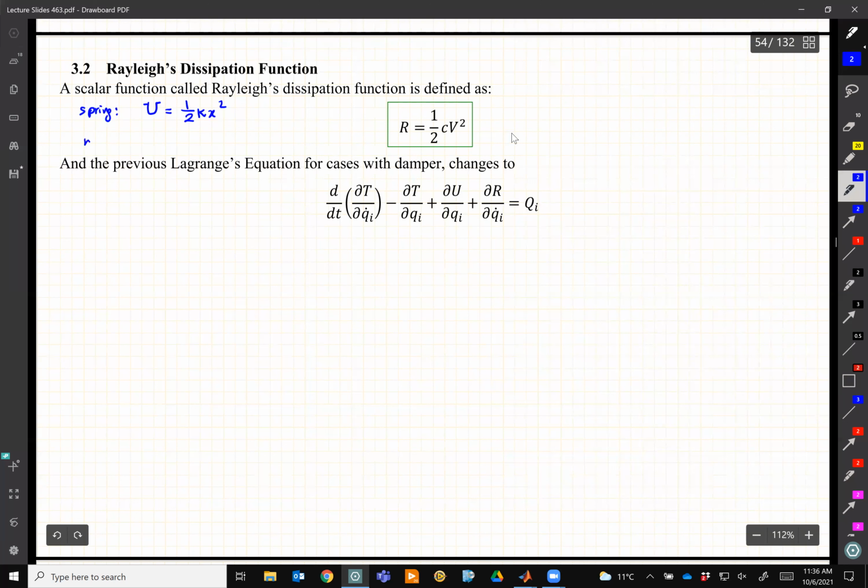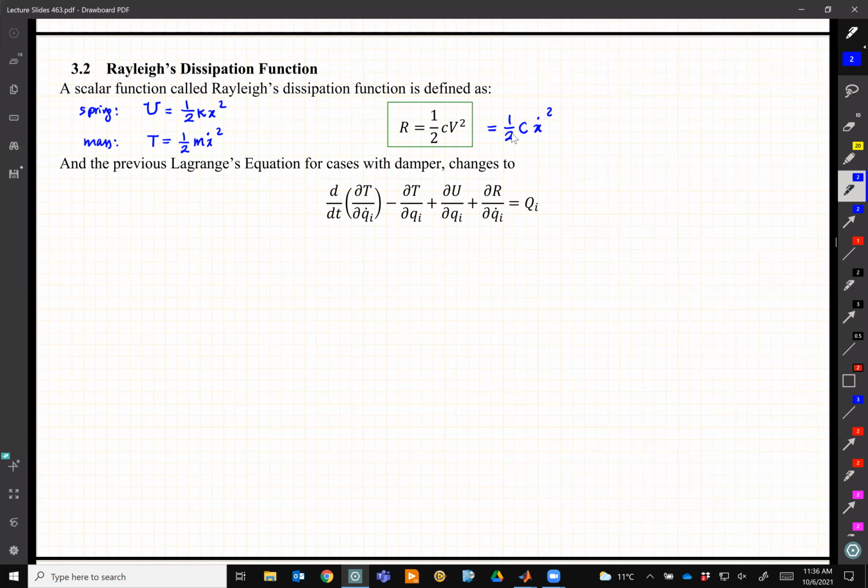And for mass, you know the amount of energy that it generates or it gets is half of m x dot squared. For damping, the energy is half of c x dot squared. Right?